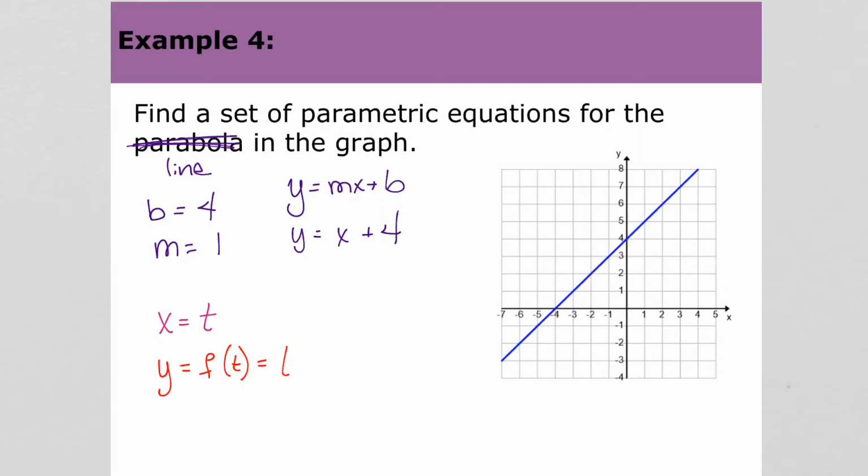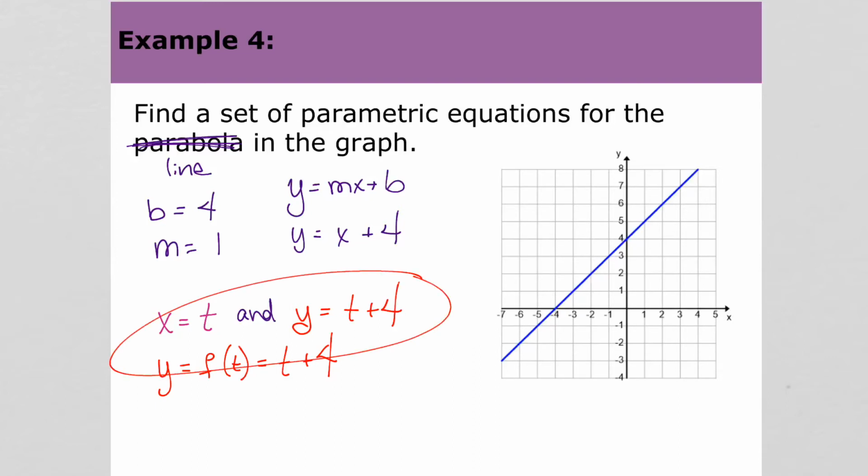So t plus 4. It was not a 4. So our parametric equations would be x equals t and y equals t plus 4. There's our answer.